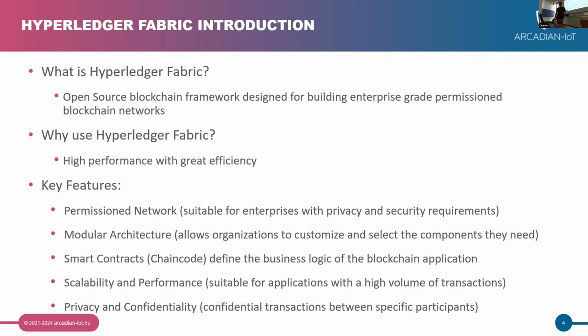You can remove an organization, add a new channel, deploy a new smart contract, and so on. The smart contracts are the business logic of the blockchain application. It has scalability and performance. As I told you, it has a high efficiency, so it doesn't have any problem with high volume transactions.